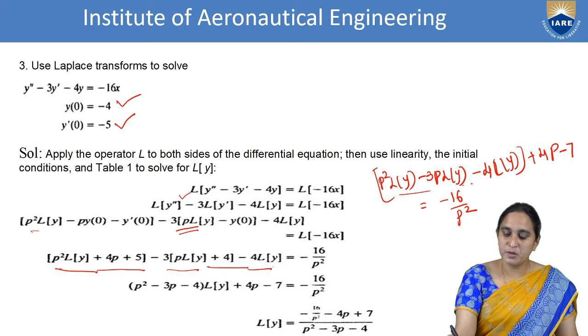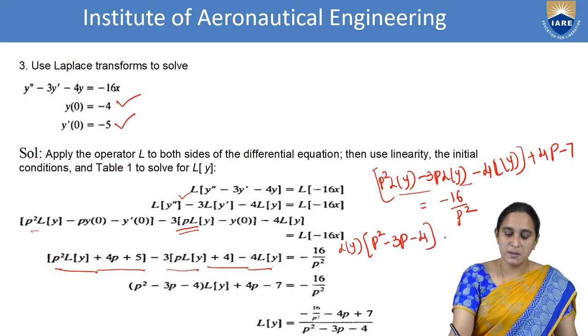Therefore, what is common here? This Laplace of y is p square minus 3p minus 4, plus 4p minus 7 is equal to minus 16 by p square.